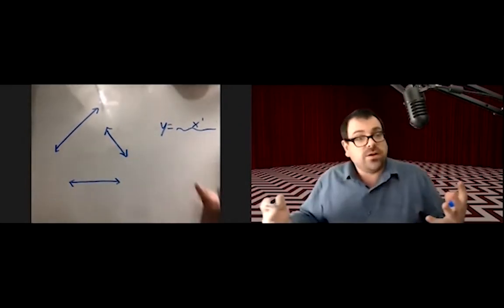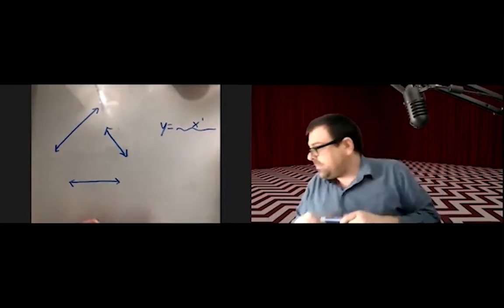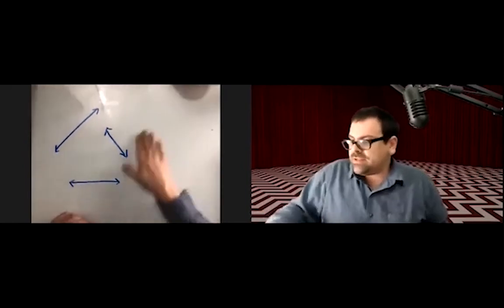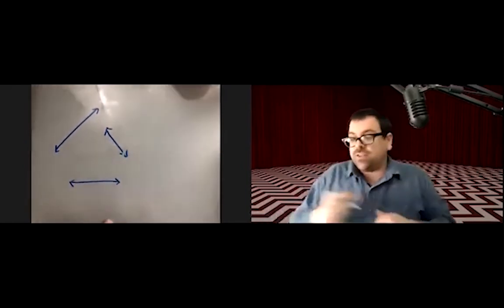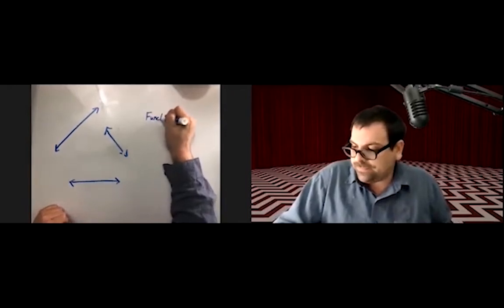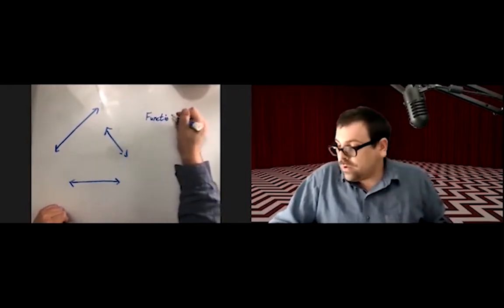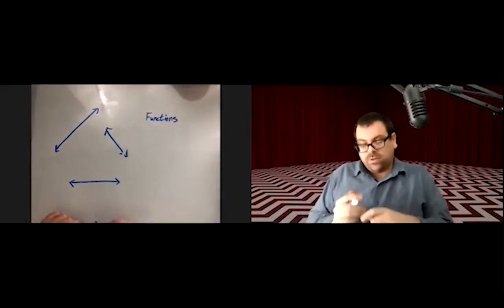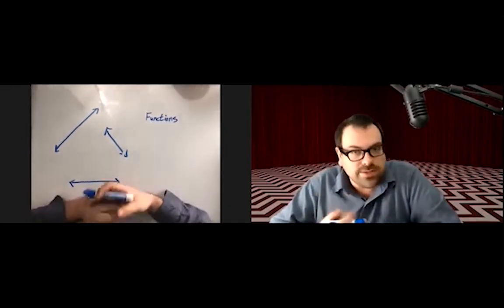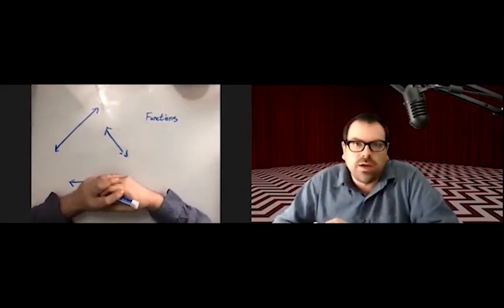Why am I reviewing all this stuff from the last chapter? Well, these types of lines are the first in the group of functions that we're going to examine today. We are going to learn about some basic functions, what their shape is, and we're going to memorize them.